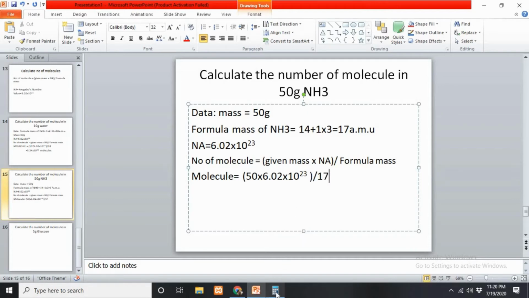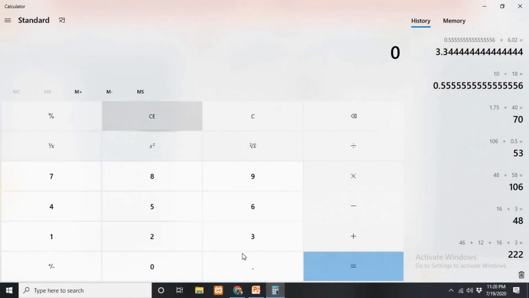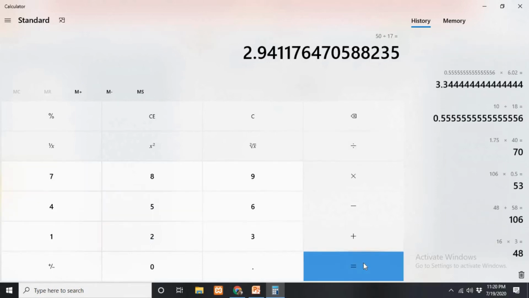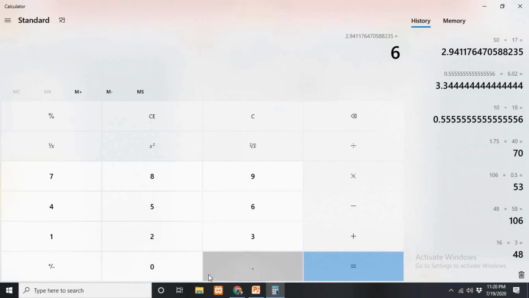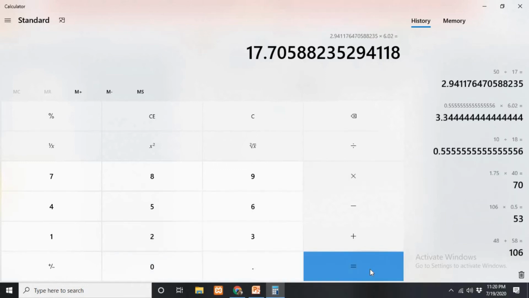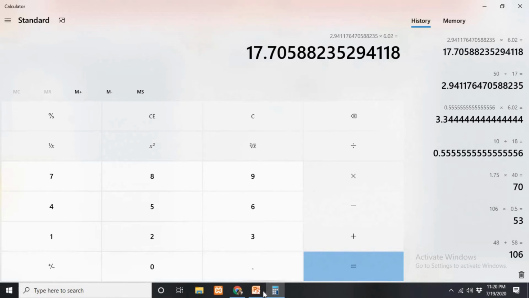Again, you have to go onto the calculator and erase the previous values. 50 divided by 17, the answer will be 2.94. That will be multiplied by 6.02, and the answer will become 17.70.